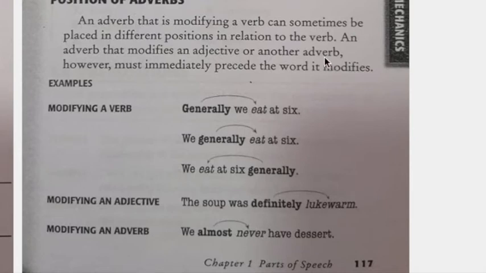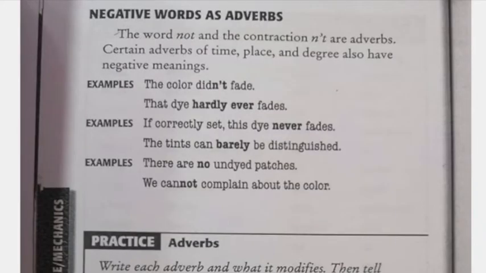So an adverb that modifies an adjective or another adverb, however, must immediately precede the word it modifies. We also have here another example. We almost never have dessert. This is an example of an adverb modifying another adverb.